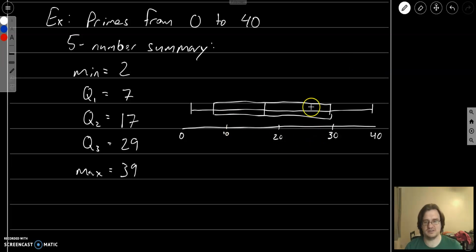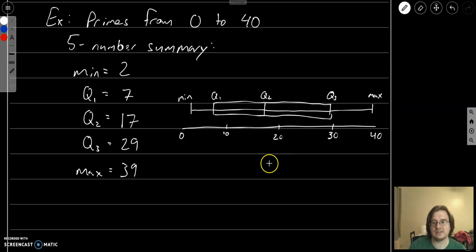And this is again my rough drawing here. It's not perfect, but there are some very nice features here. Again, we have the minimum value, the first quartile, the second quartile, the third quartile, and the max.